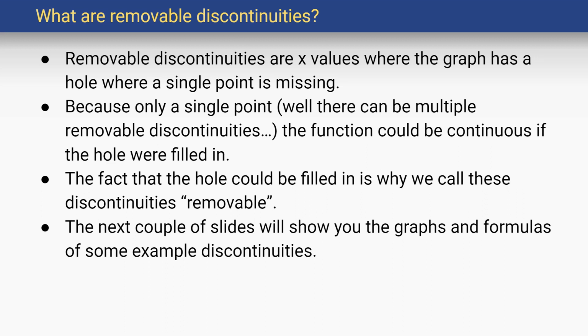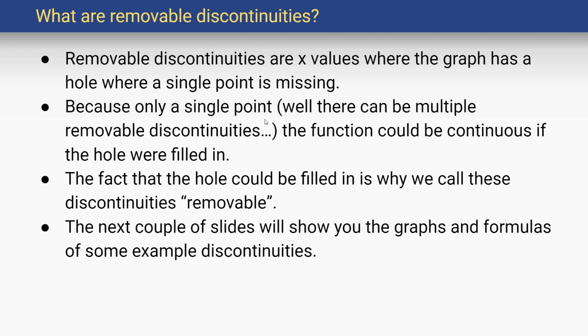You can have more than one removable discontinuity, but the issue is still the same, that you have a hole where a point is missing. So don't get hung up on the single point. It could be more than one point. Now, the key here is that because it's just a hole in the graph, if the hole were filled in, everything would be fine.